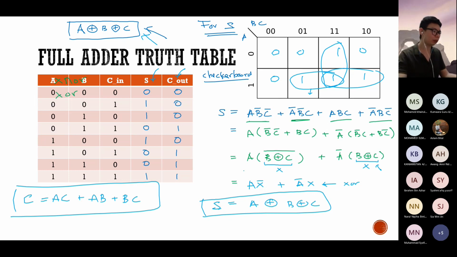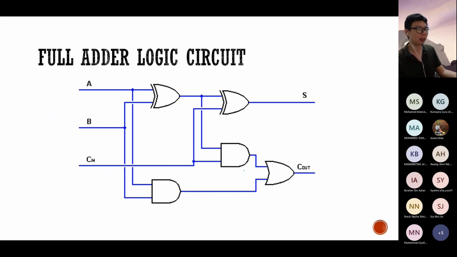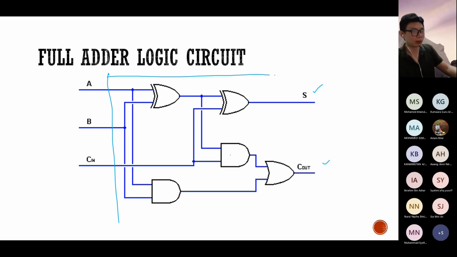Okay, now we have the equation for S and the equation for C. Then we can draw this out, and it looks like this. So you have XOR gates giving you the sum, and you have some AND gates giving you the carry out. So this is what the content of a full adder looks like.